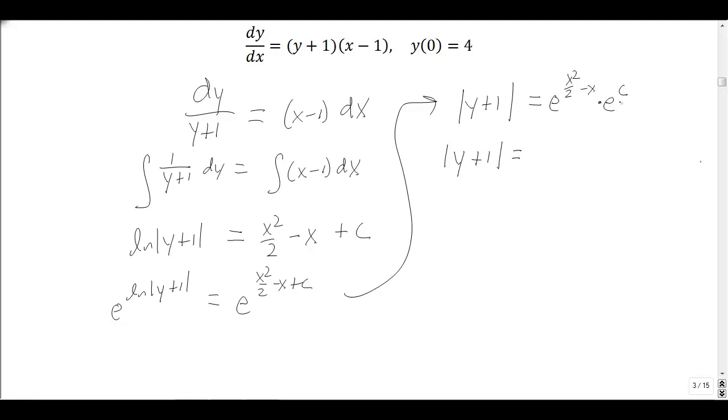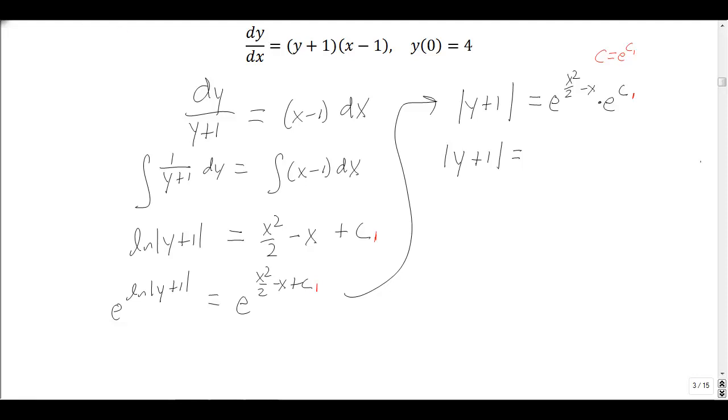equals, now this is a weird thing in differential equations land, but typically we see this e to the c here, and we really think of that c as c1. So I'm going to put some subscripts here, c sub 1, and I'm going to think of c as e to the c1.